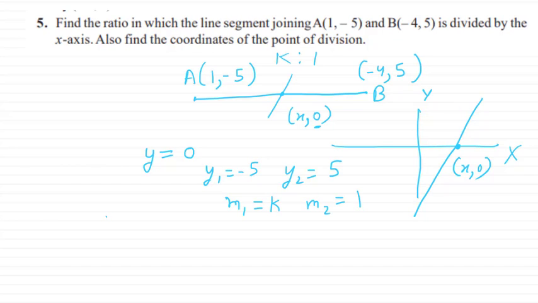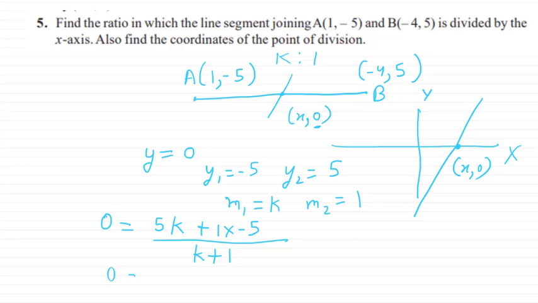So we will use the formula (m1 into y2, that is 5 into k, plus m2 into y1) divided by (k plus 1). From here we will get the ratio.